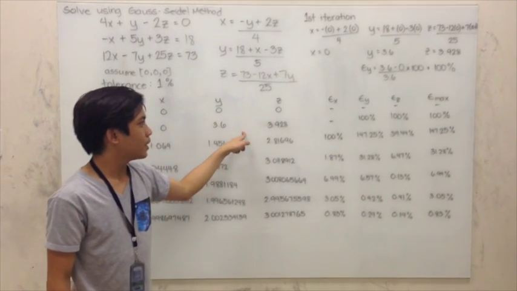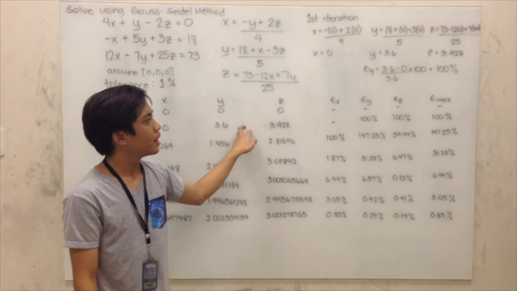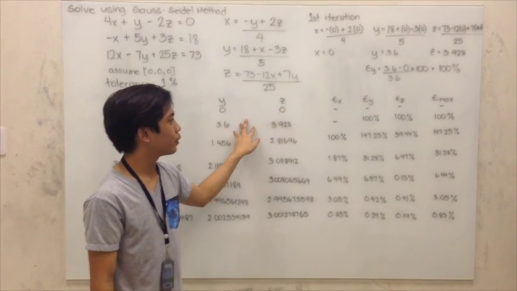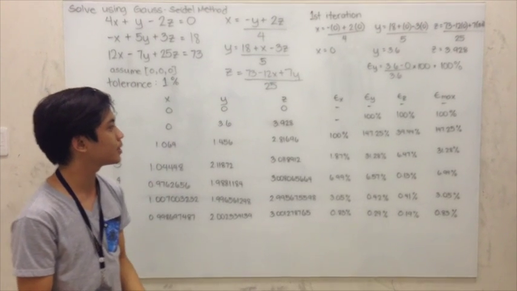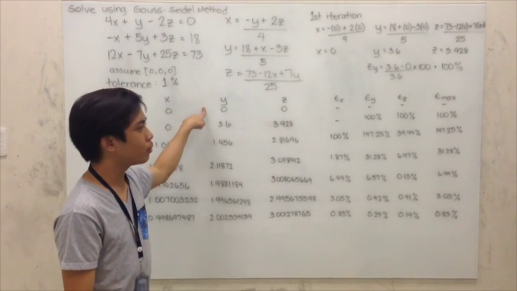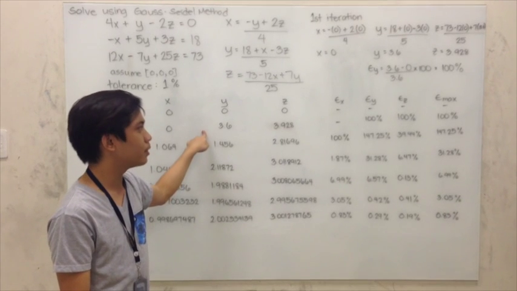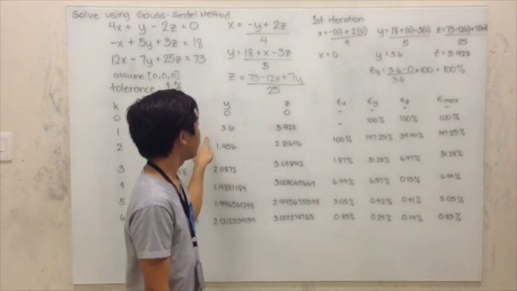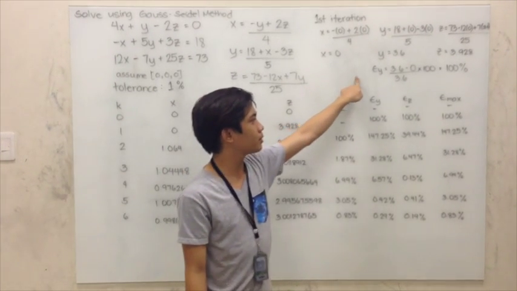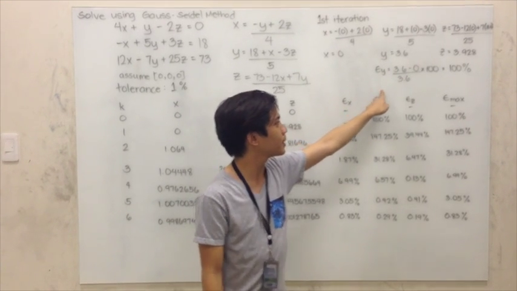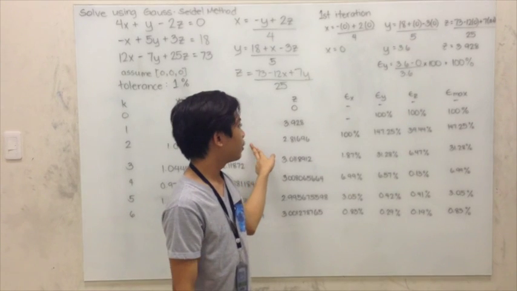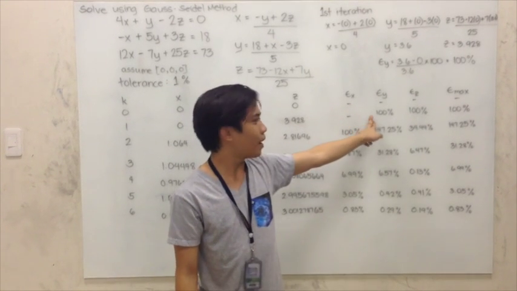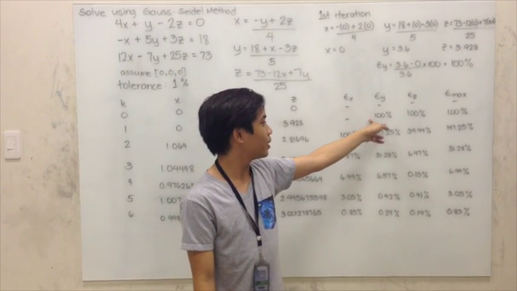So the next step is to get the relative error for each variable. To get the relative error, it's just the new value minus the old one over the new value times 100. So for EY, we have 3.6 minus 0 over 3.6 times 100. So for EY, our relative error is equal to 100%.